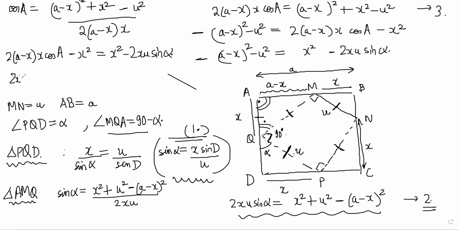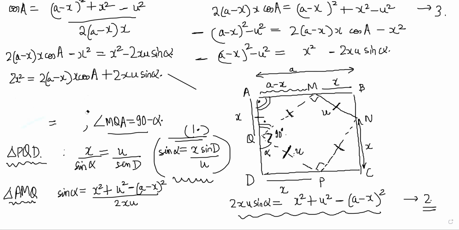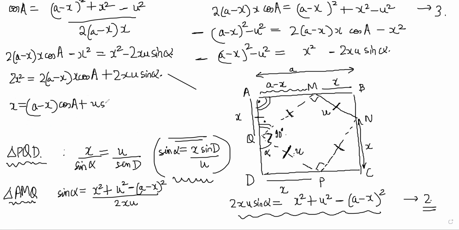You get 2x² = 2(a − x)x cos A + 2xu sin α, right? We can cancel 2x from both sides, and we end up getting x = (a − x) cos A + u sin α, right?